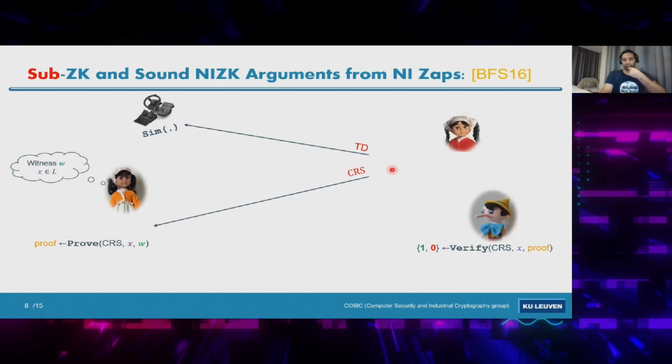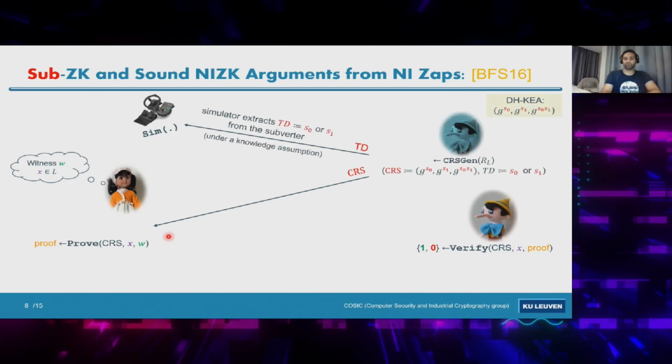In the standard CRS model, we know that there's a trusted third party who generates the CRS and provides the trapdoors to the simulator. And in the case of proving zero knowledge, we assume that the verifier is malicious and we simulate the proofs and the setup phase. But they started to consider, what if this party is malicious? Then we cannot trust the trapdoors and the CRS. So then the prover also cannot be sure that the proof is zero knowledge.